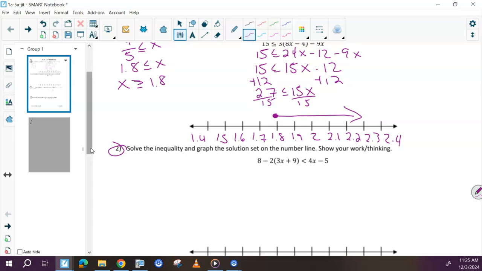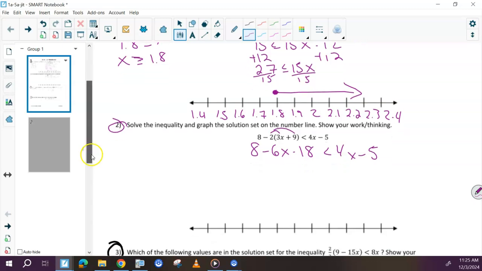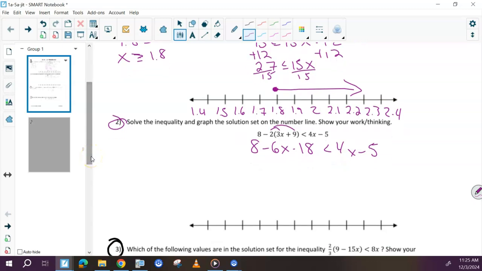The second one is similar. You could start off by distributing. This is a negative 2 that you're distributing. You're not subtracting these first. So minus 6x minus 18 is less than 4x minus 5. Combine your like terms, 8 minus 18. And then you can pick and choose what you want to move.